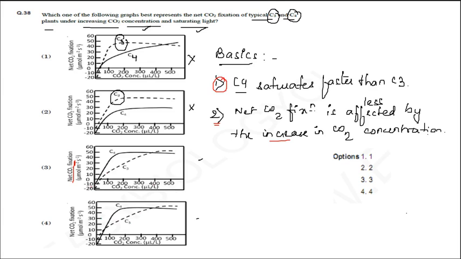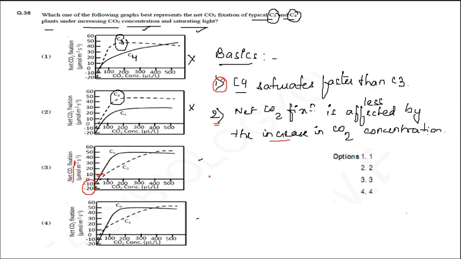So even at very low CO2 concentration, C4 plants can fix some CO2, but C3 cannot show net CO2 fixation at very low CO2 concentration.